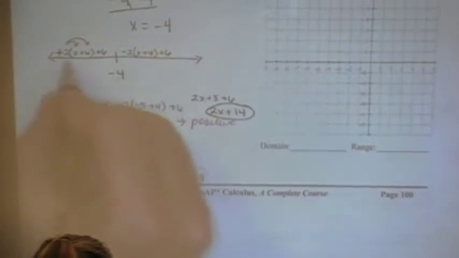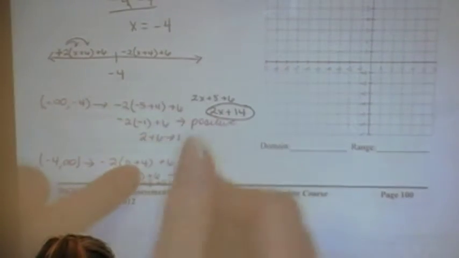That's one piece, the piece from negative infinity to negative 4. I'll write it all out in just a second in this one space. And then for this piece, I have a negative 2 that I'm distributing. So I have negative 2x minus 8 plus 6, so I get negative 2x minus 2. That's for this other interval.